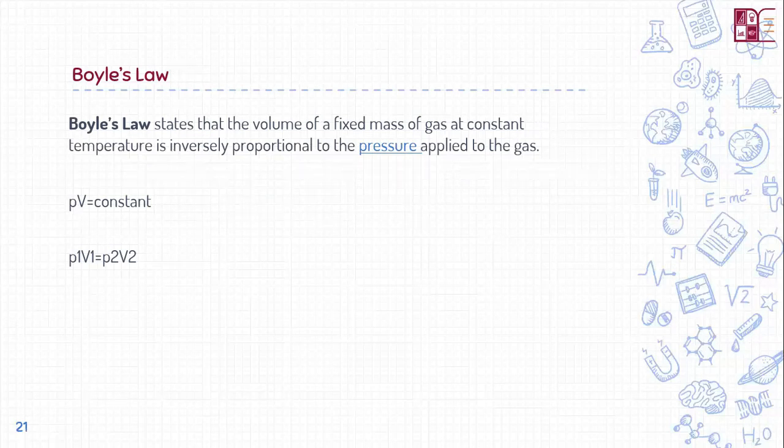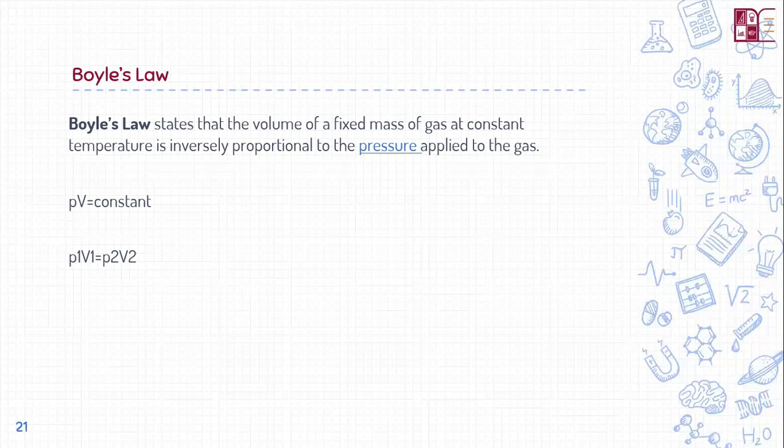Now this brings us to our final subtopic, which is Boyle's law. Boyle's law states that the volume of a fixed mass of a gas at constant temperature is inversely proportional to the pressure applied to the gas.